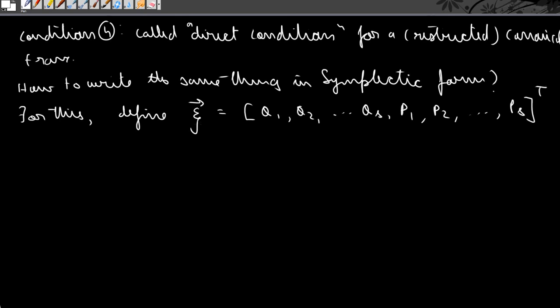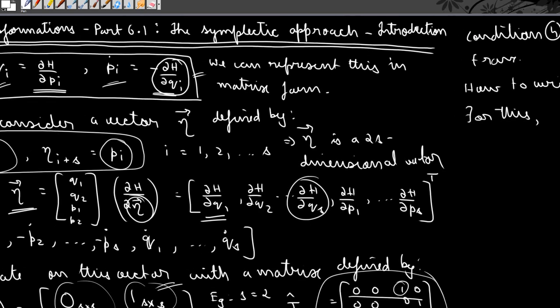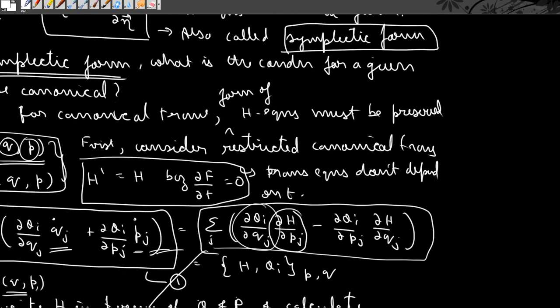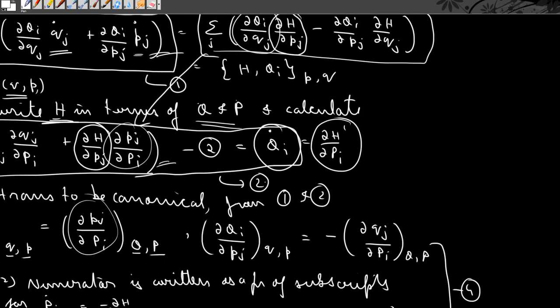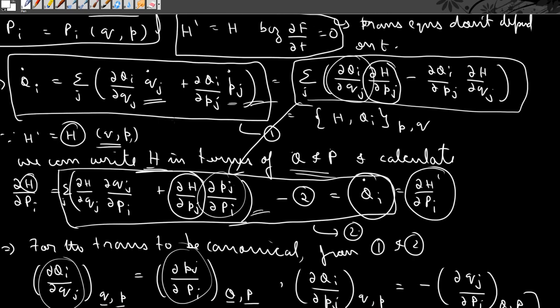So if I define a new vector psi whose components are the new coordinates and momenta, then let us see what equations 1 and 2 are again.